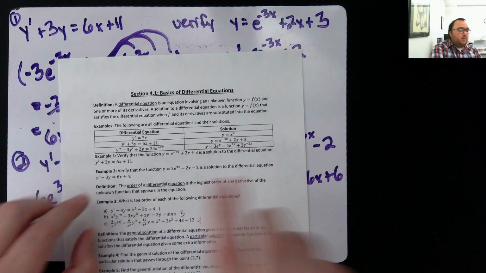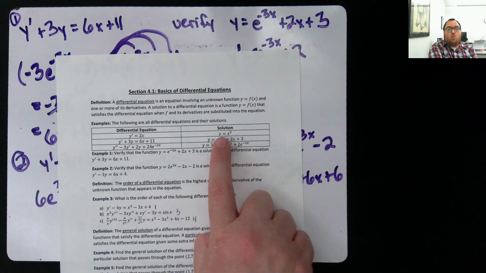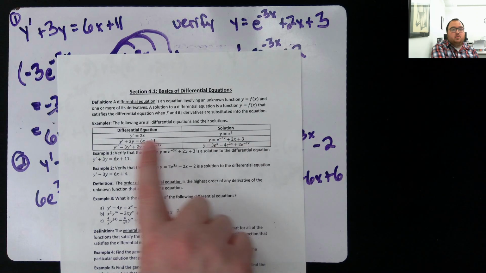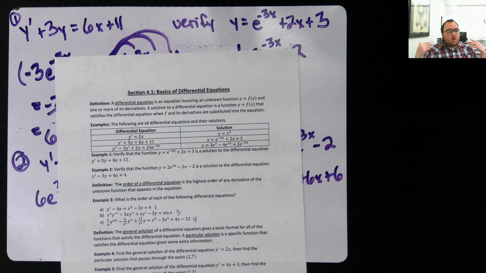If y prime was equal to 2x, we know that y must be x squared, because y prime would be 2x. But think about this too: what if y was equal to x squared plus 2? Y prime would still be 2x, so that one still works.